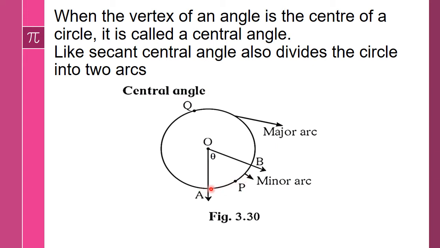One is the smaller arc, that is APB, and the other one is the larger or major arc AQB. So the minor arc is APB and the major arc is AQB, with AOB as the central angle. The central angle is important because that is how we will find the measure of the arc APB.